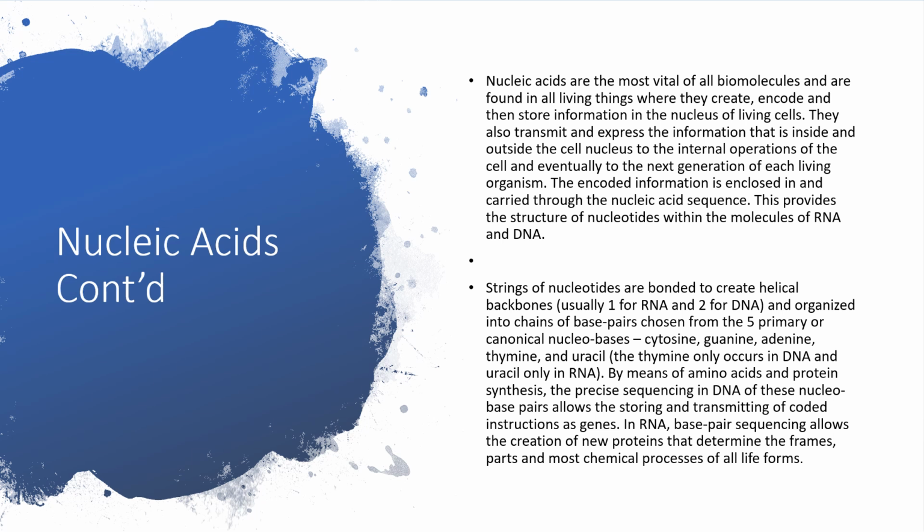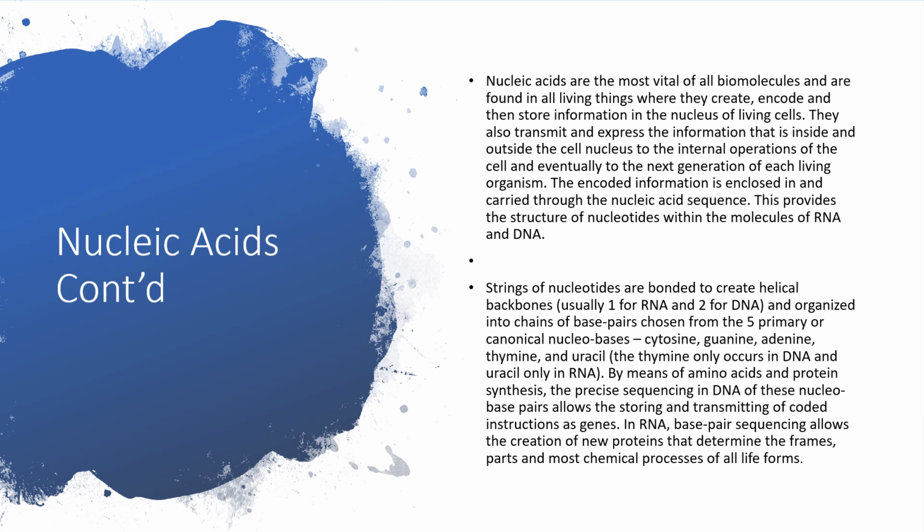Strings of nucleotides are bonded to create helical backbones, usually one for RNA and two for DNA, and organized into chains of base pairs chosen from the 5 primary or canonical nucleobases: cytosine, guanine, adenine, thymine, and uracil, with thymine only occurring in DNA and uracil only occurring in RNA.